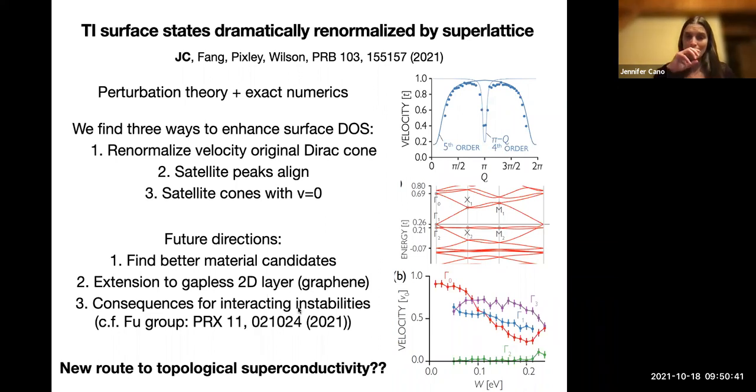And here I just want to mention a really interesting paper by Liang Fu's group that came out at the same time as ours, where they're also looking at a superlattice potential, but looking at different aspects of it. And they compute the superconducting TC for this fine-tuned value of potential, which leads to higher order Van Hove singularities.